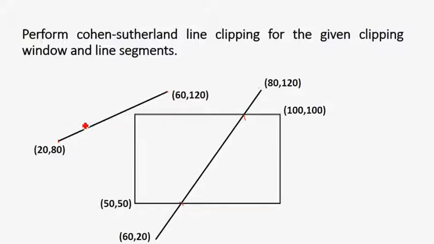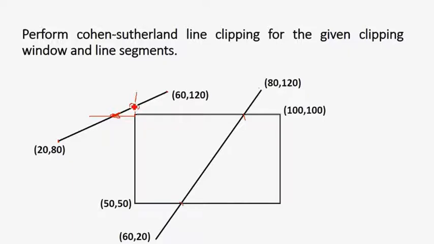Because of that, you will have to compute the intersection point, either this one, or if you clip it with the top edge, either this one. In either case, the outcode of this point or this point will have the bit for top set.